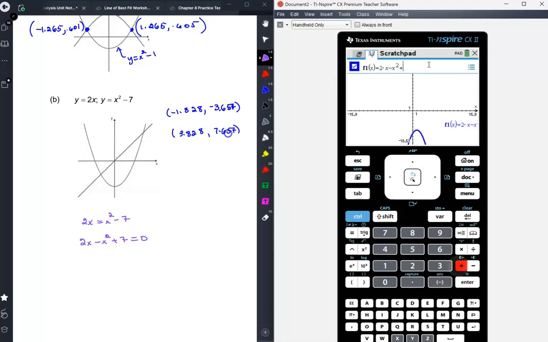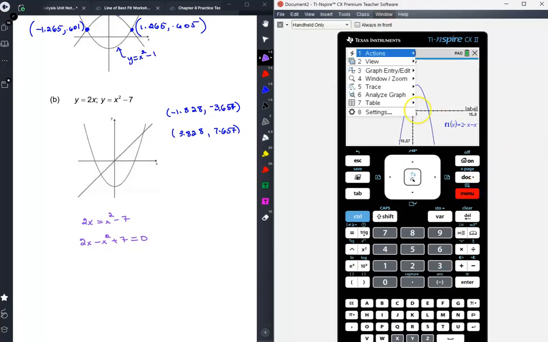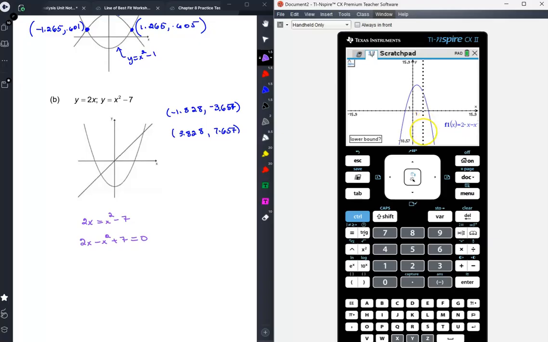Now look, if I find the zeros, do you see that that's the same x value? So if I just want the x values of it, I could also do that. That doesn't give me the y value, so I would have to plug it in to get the y value. But it's the same idea.